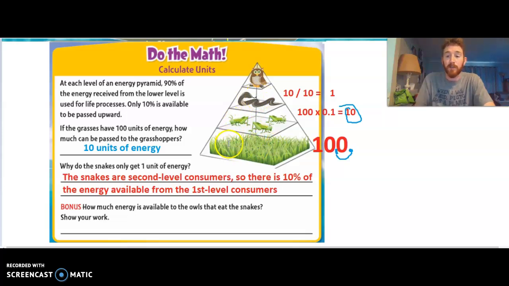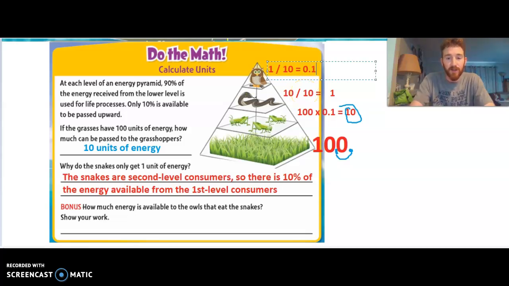Now the challenge, the bonus, is what about this owl? And this helps us highlight and understand why there's just not a whole lot of energy available for these top level consumers. If we have 1 divided by 10, we're going to make a decimal or a fraction with that. If we have 1 unit of energy from the snakes, the snakes only have 1 unit of energy that they store in their body, and then divided by 10 would be for the owl.